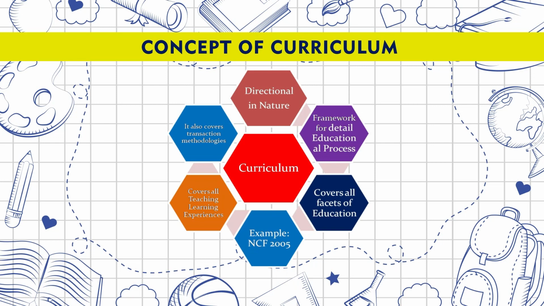Then further we can say a detailed framework for the educational process is also included in the curriculum. Okay. A detailed framework of the educational process, that means when the students are pursuing a curriculum, pursuing a subject, what they are supposed to do. Okay.